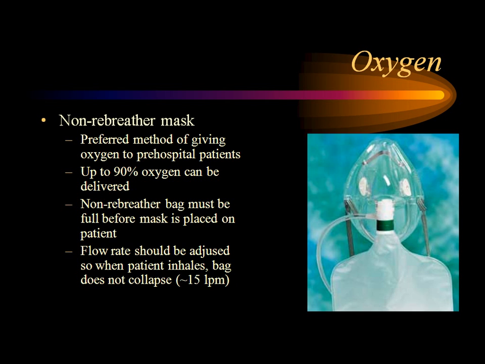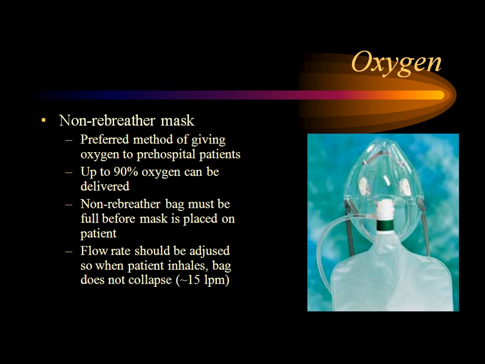How deeply your patient is breathing is how you're going to adjust your flow meter. If you have it at 10 liters per minute, you put it on your patient, and they're sucking that bag dry every single time, deflating that bag, you need to turn up your oxygen, maybe 15 liters per minute. A lot of your ambulances and portables will go up to 25 liters per minute.